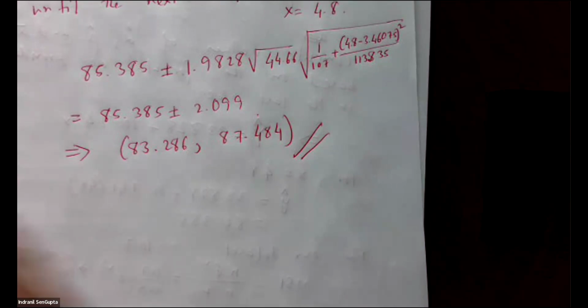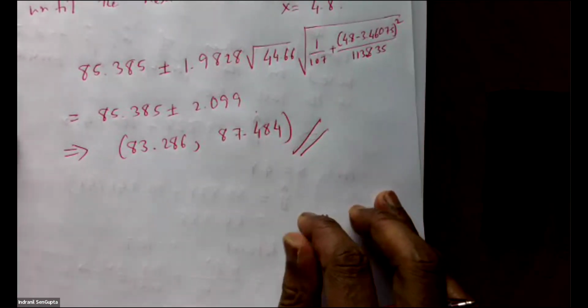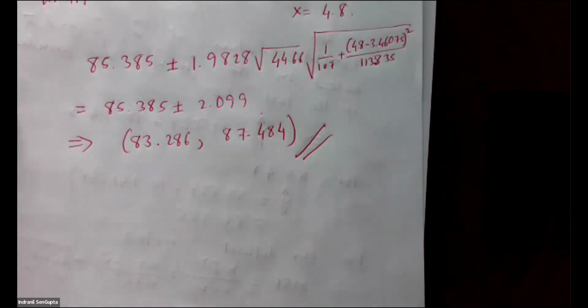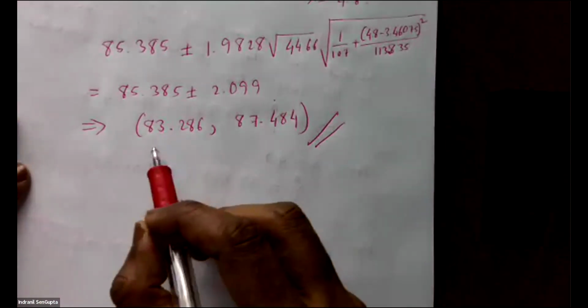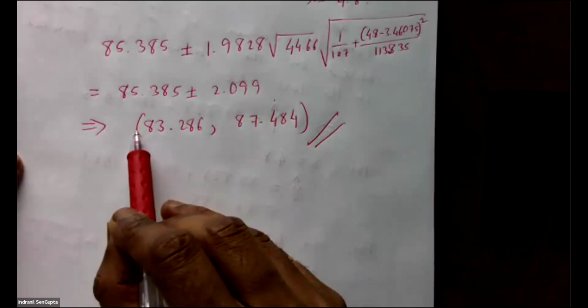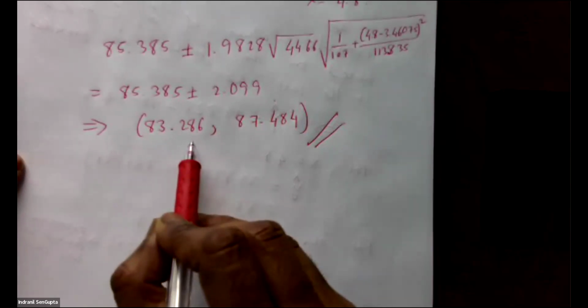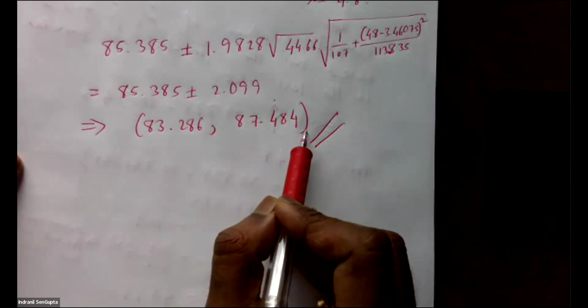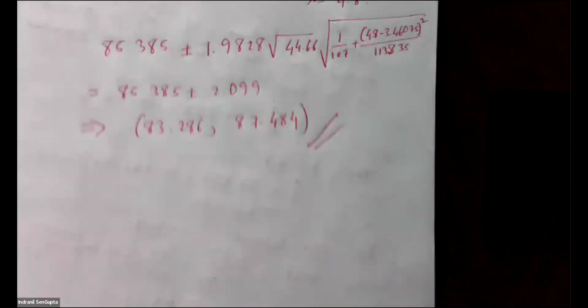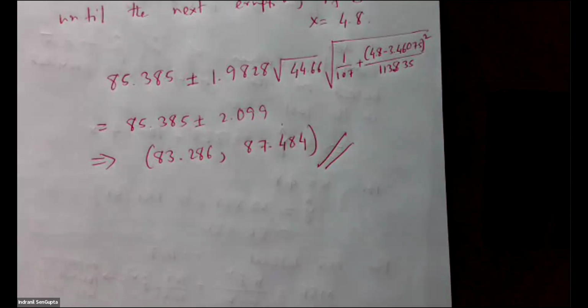So actually, if the previous eruption was lasting for 4.8 minutes, we have to wait between 83.286 and 87.484 minutes until we get the next eruption. Okay, so that is the answer based on the 95% confidence level.